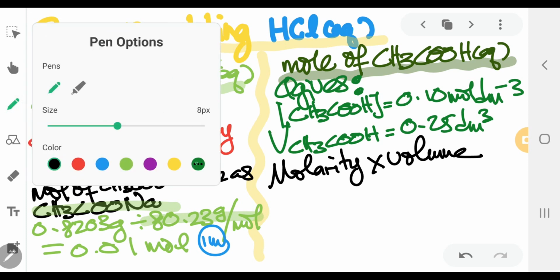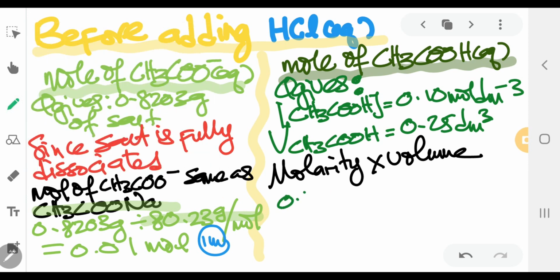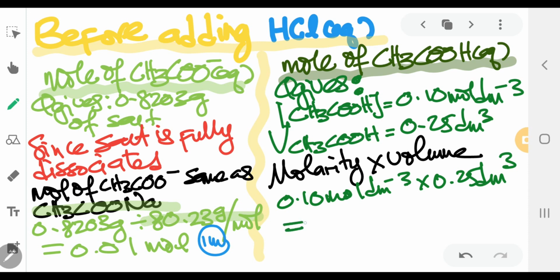And we get 0.10 mole decimeter cubic times with 0.25 decimeter cubic, and we should be getting 0.025 mole.